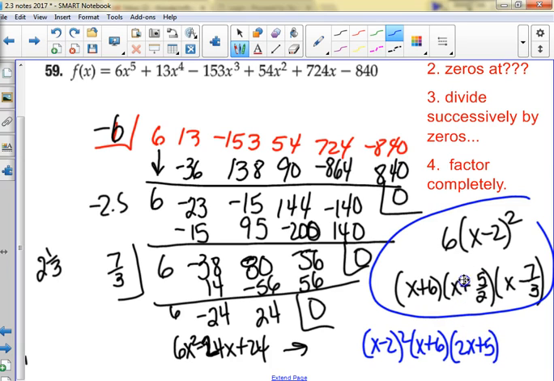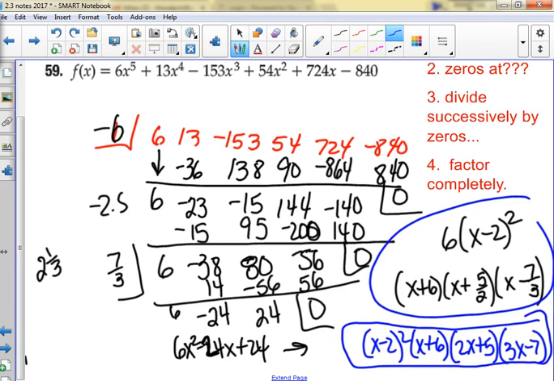What did we multiply this by? 2. And we wrote this as 3x minus 7. What did we multiply that by? 3. And that's where the 6 comes from. Okay, so this is the completely factored version without the fractions. This is equivalent, and that's okay.